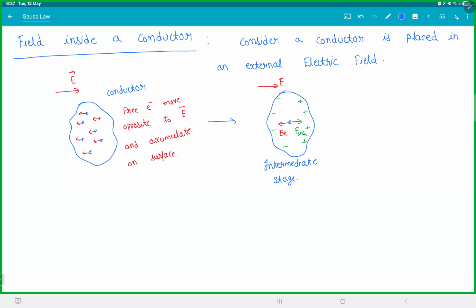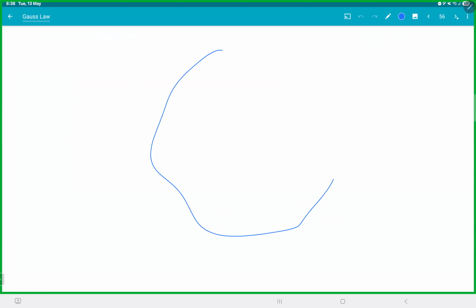These charges which have accumulated produce an F induced force. Think of it like this: when you already have a negative charge here, if an electron tries to come here, what will happen?